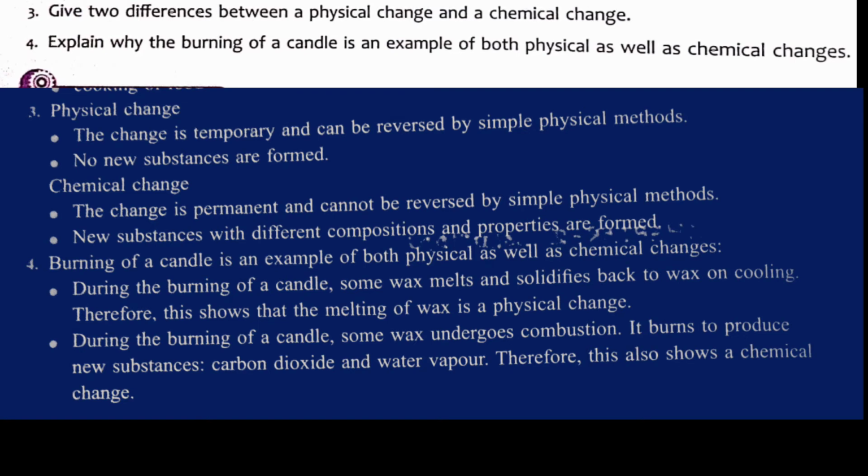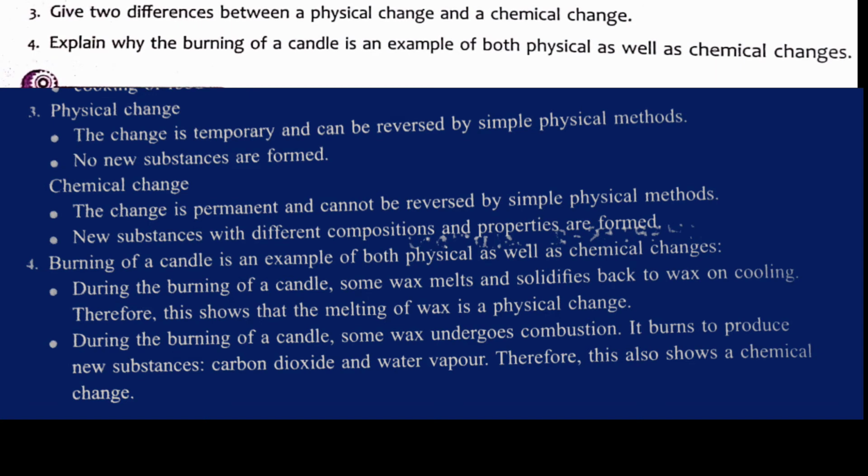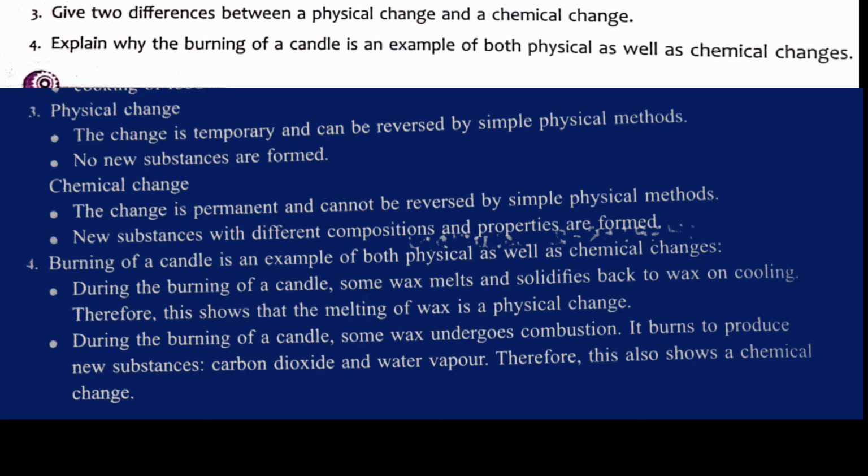Therefore this shows that the melting of wax is a physical change. During the burning of candles some wax undergoes combustion. It burns to produce new substances, carbon dioxide and water vapor. Therefore this also shows a chemical change, and that is why candle burning is a physical and chemical change both.